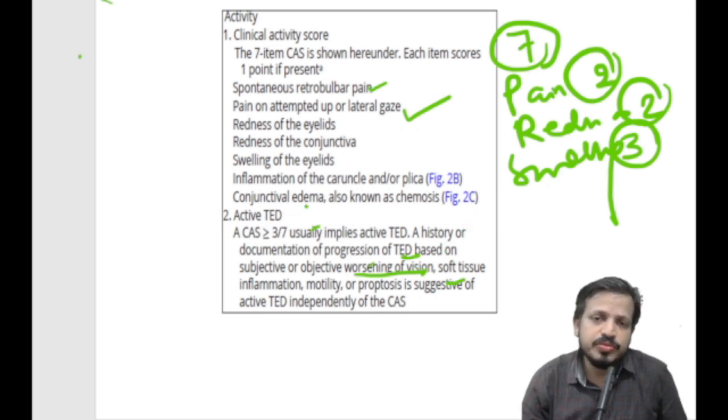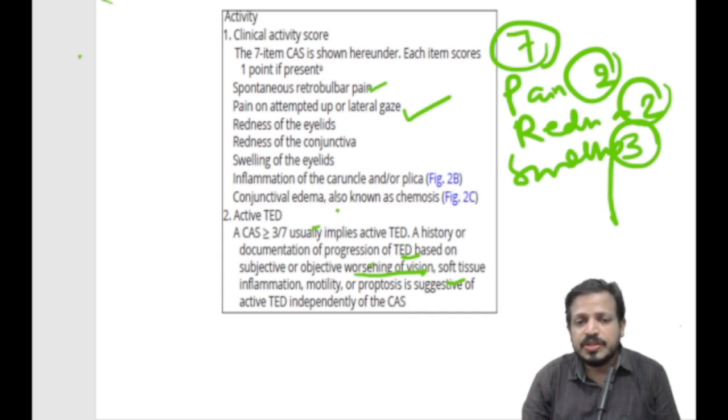So besides the score of more than or equal to 3/7, these conditions are independently also suggestive of active disease.